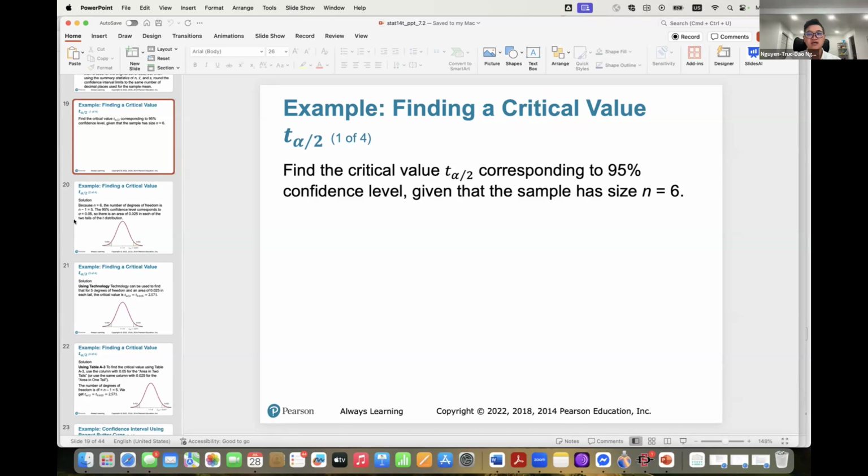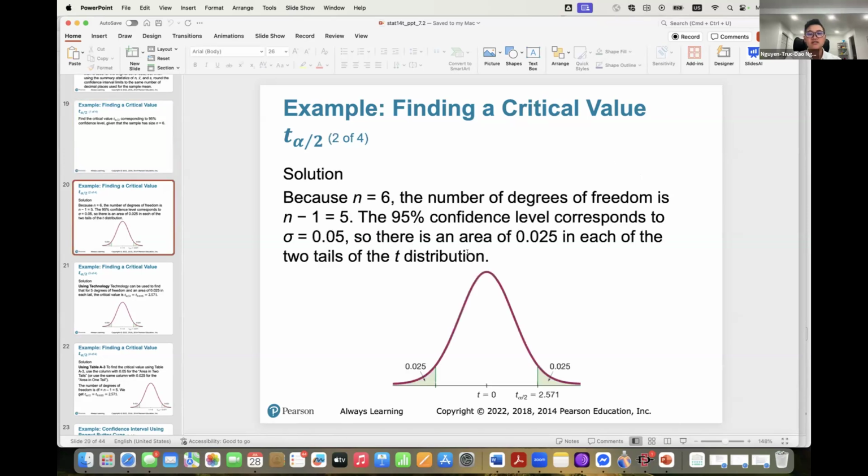Okay, so we need to find the critical value corresponding to a 95% confidence level, given that the sample size is n equals 6. Because n equals 6, the number of degrees of freedom is 5, right? Because we need to use a table, we need to find the degrees of freedom first. And then the 95% confidence level corresponds to alpha equals 0.05.